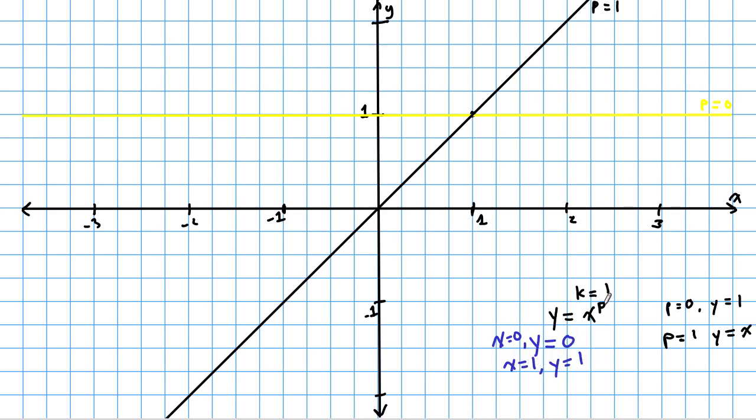And no matter what p is, 1 to that power will be 1. And so this point 1, 1 and the point 0, 0 are in every power function graph when k is 1. Now if k is 2 or 3, that'll scale us up because we'll have 2 times 1. But for simplicity, we're only looking at when k is 1 to find the shape of the different power functions.